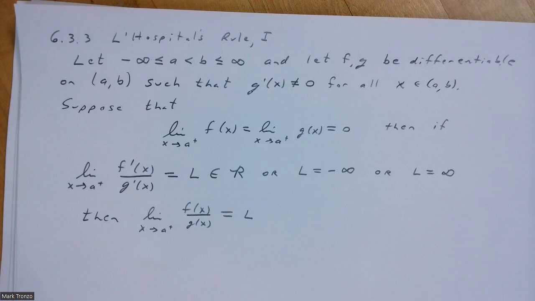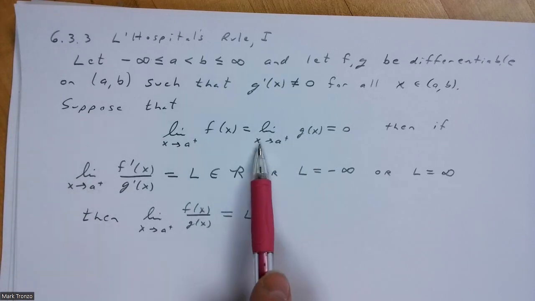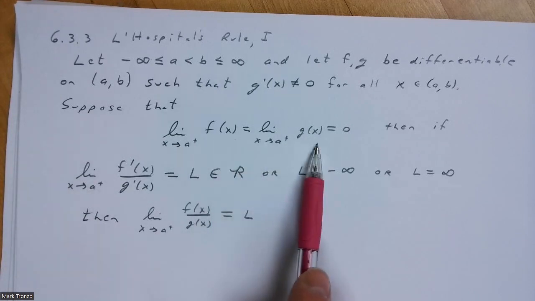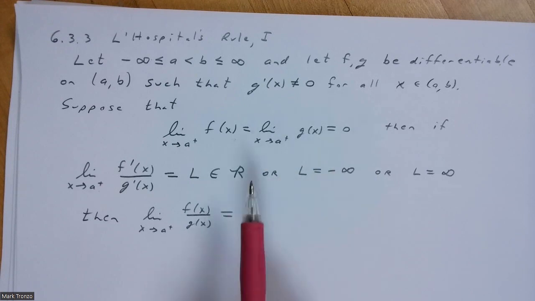Very similar to what we said in the previous theorem, though you can extend this to approaching a from the minus side in these cases. Once again, though, we need to have that the limits of these two approach 0 to apply this.